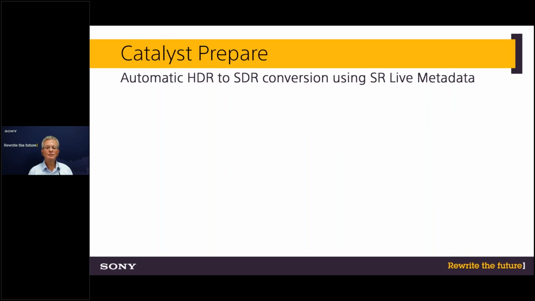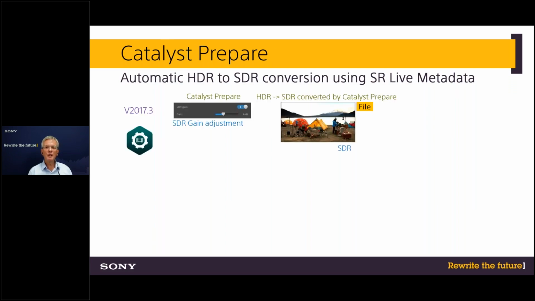Here's the detail. So we'll build up a picture of HDR being converted by Sony's Catalyst system. In the early days, the adjustments provided for conversion of HDR to SDR were limited.